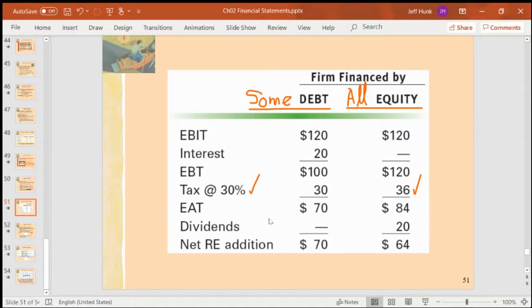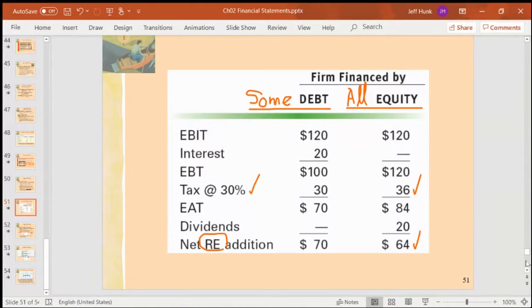And in this company, if they pay $20 million in dividends, their retained earnings, which is additional equity, you remember that, will be 64 million in this case.